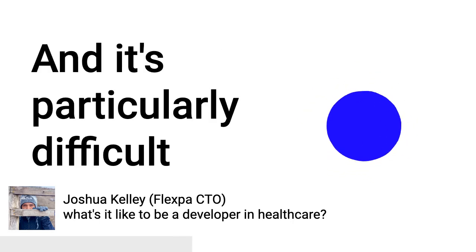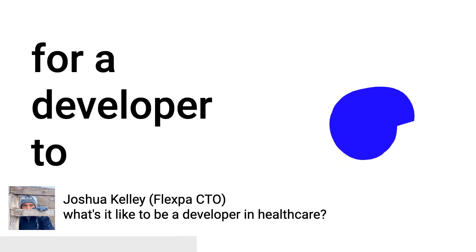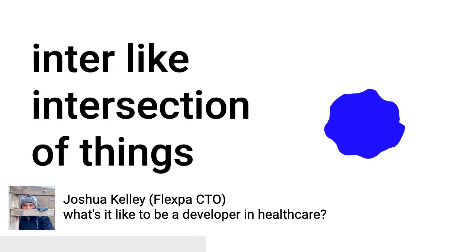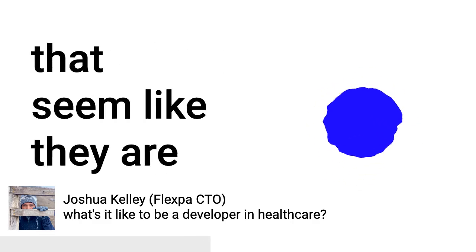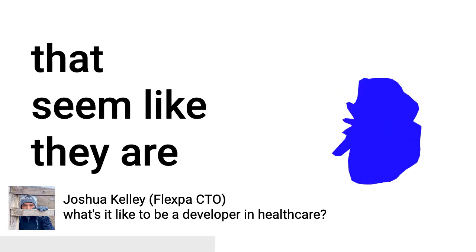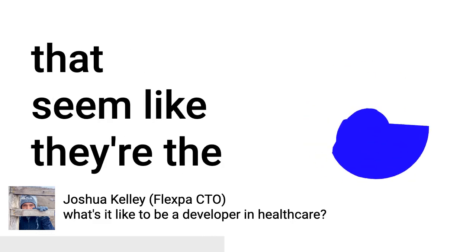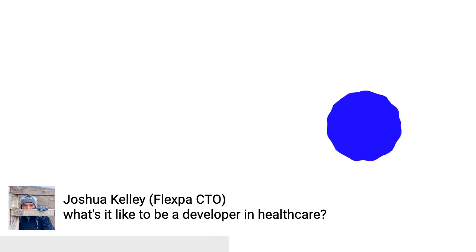And it's particularly difficult for a developer to understand this complicated intersection of things that seem like they are internet standards and things that seem like they're the product of regulations.